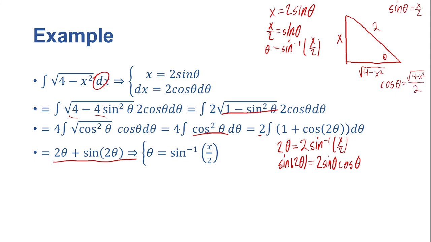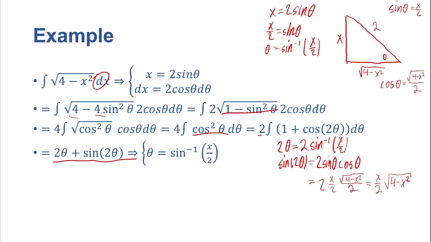Okay, so now we've got to multiply this. So this is going to be equal to 2 times x over 2 times the square root of 4 minus x squared over 2. Right? So those two cancel, and this gives us x over 2 times the square root of 4 minus x squared.